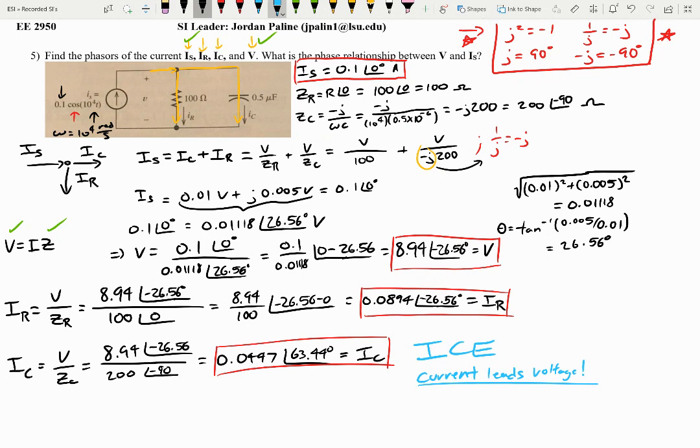If we take a look, our current is at an angle of 63.44 degrees, and that voltage is down here at an angle of negative 26.56 degrees. If we added those two together, we would get our right angle of 90 degrees. And we notice that our current is ahead of our voltage. So therefore, we are good, we are happy, and our answer is looking correct.